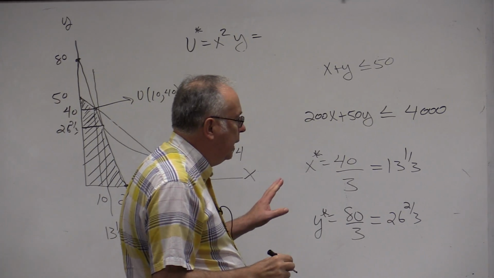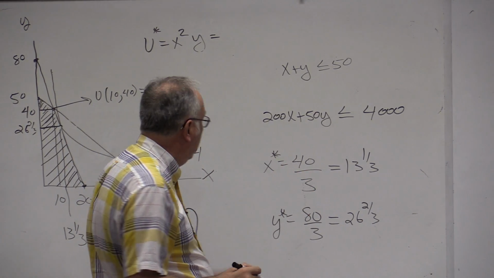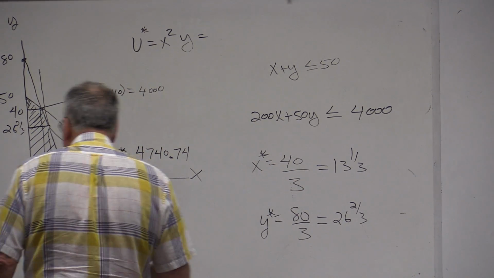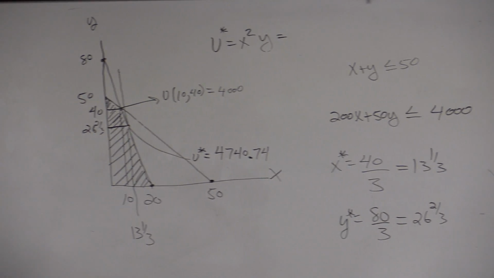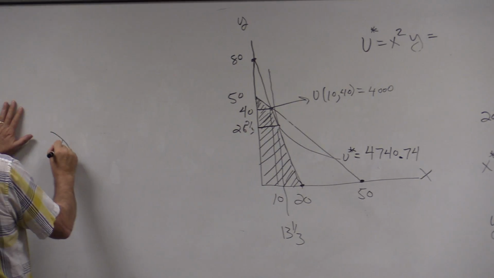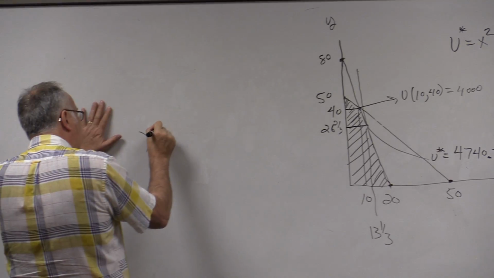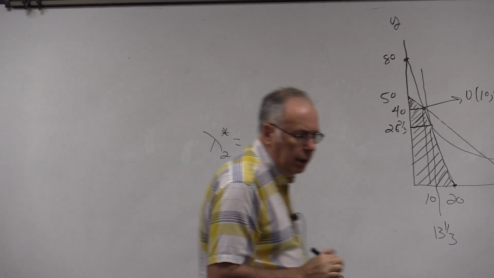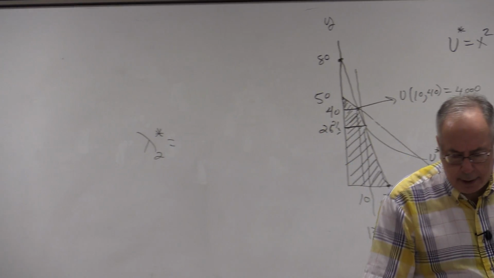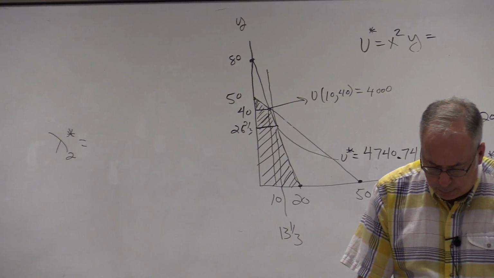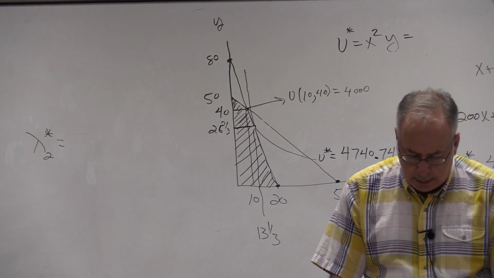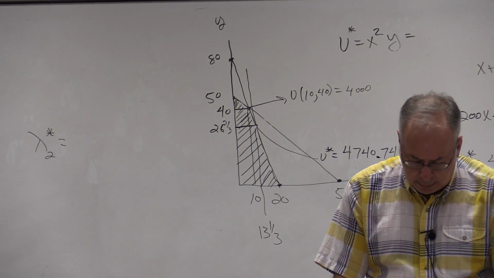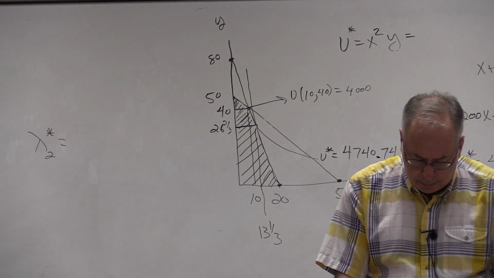By the way, if you calculate lambda 2 star, go back to what I had on the board, that expression for lambda 2 star. What was our equation for lambda 2?